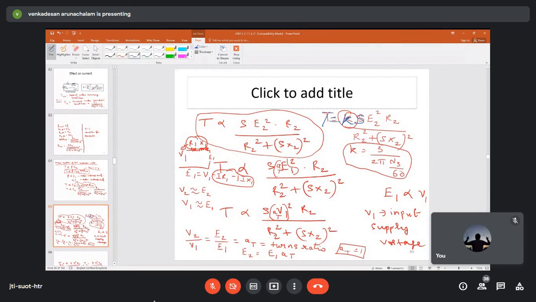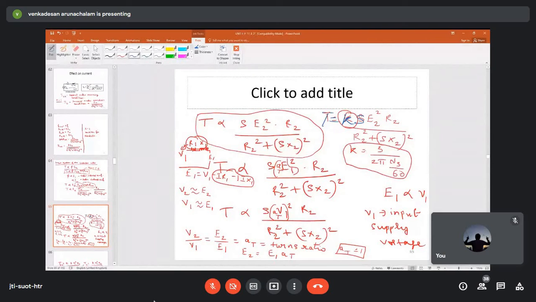So we have introduced one constant of proportionality K here, and you can derive the value for K. That one I'm not going to do. You can refer to the B.L. Theraja book for how to get the value for K. Directly you can take the value for K. If you derive, you will get 3 by 2 pi ns by 60. So that is the value of K, right?